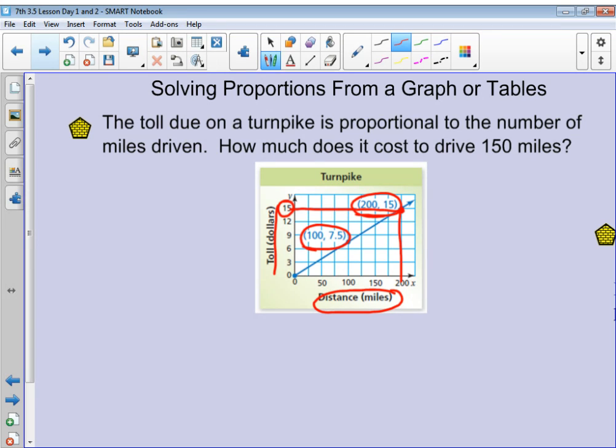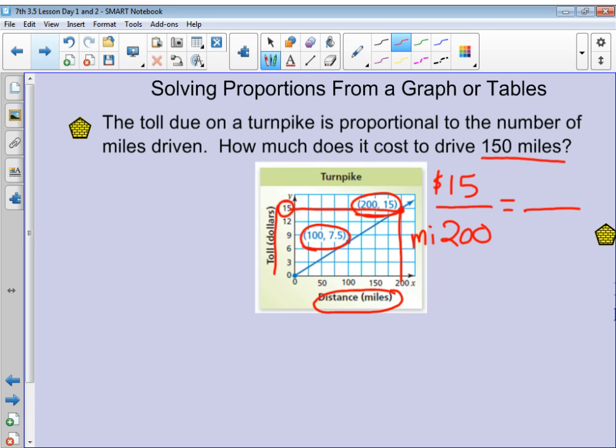So I'm going to go ahead and do cost per mile. So I'm going to do my dollars on top. So 15 over my miles was 200. Okay, my third bit of information, I have to jump back into the story problem. How much does it cost to drive 150 miles? So once again, that was my dollars, and this was my miles, which I forgot to mark.